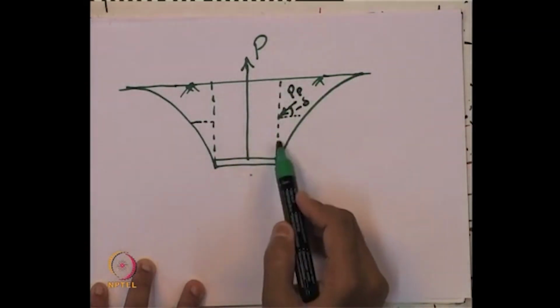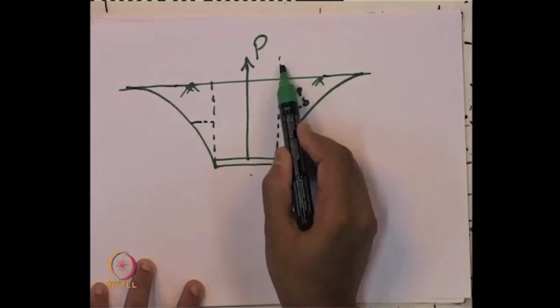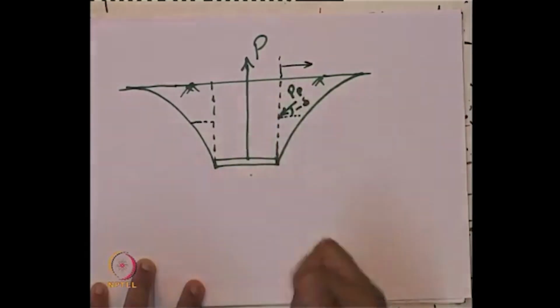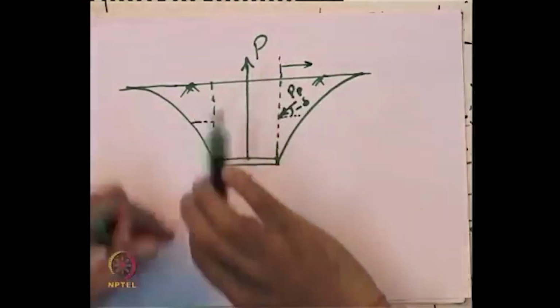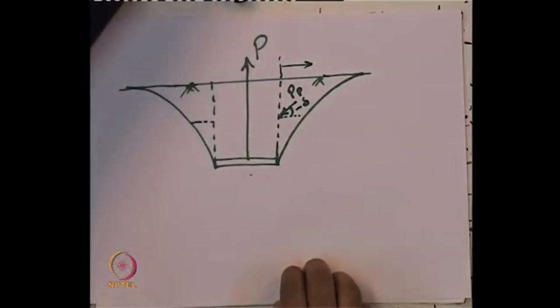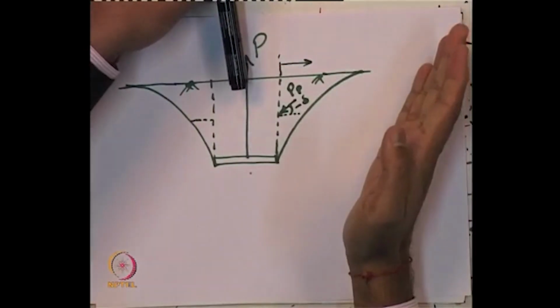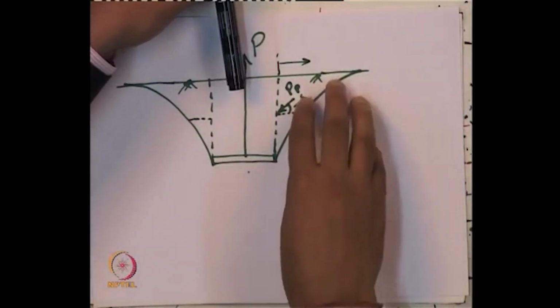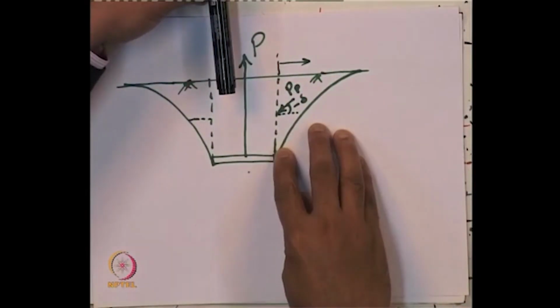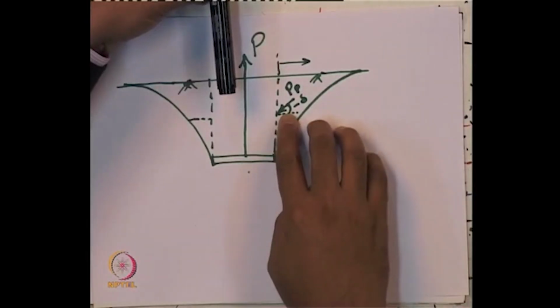Because this imaginary wall tends to move in this direction. When we are pulling out the anchor, obviously this wall tends to move in this direction towards the backfill. So, when we talk about this backfill and this imaginary wall, it is nothing but the passive state.